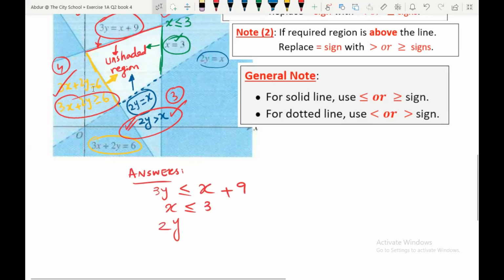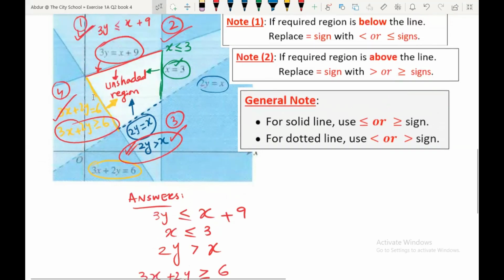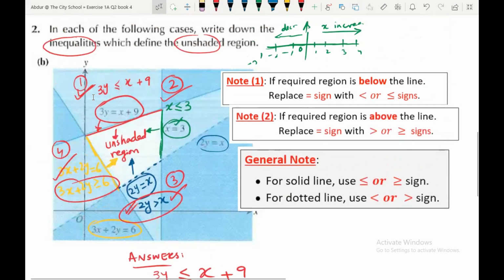This was the dotted line, so write down only without the equal to sign here. And for the yellow line, the inequality will be 3x plus 2y greater than or equal to 6. There are four inequalities here. So this is the answer for part B.